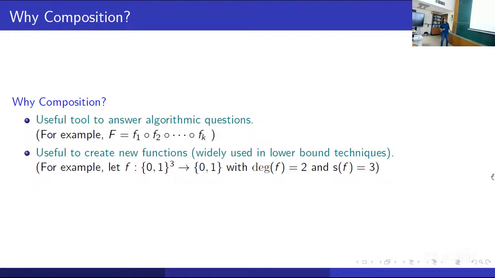So your expectation will be that after that, degree has become 2 to the d and sensitivity has become 3 to the d. Now you have created a polynomial separation, because on constant many bits you don't have a polynomial separation. But to do this, you should know how these complexity measures behave under composition, right? Otherwise, you cannot just apply this and compose.